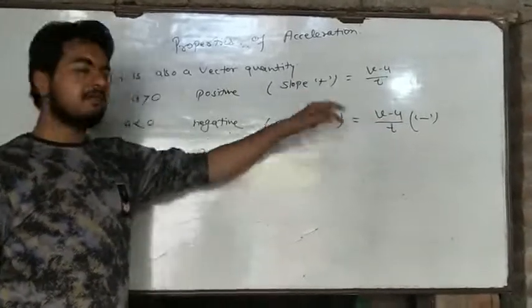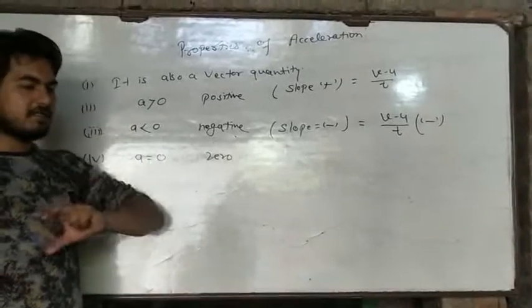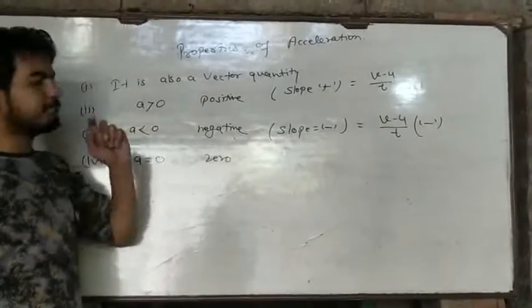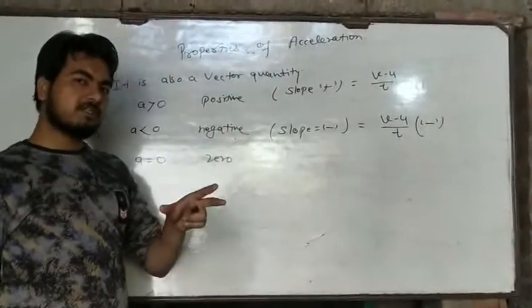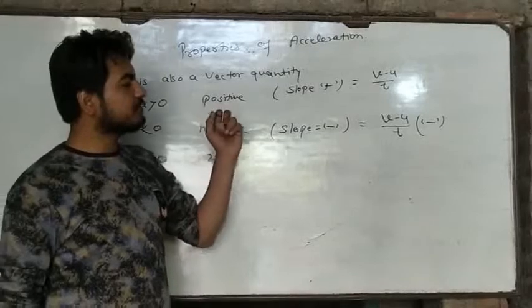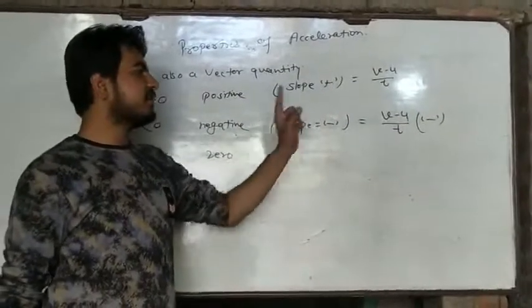If one car is moving and we apply a brake, the speed is decreasing, so initial velocity is greater than final velocity.